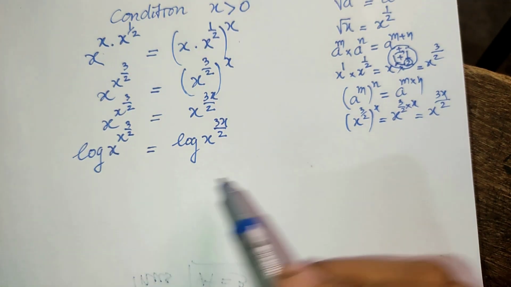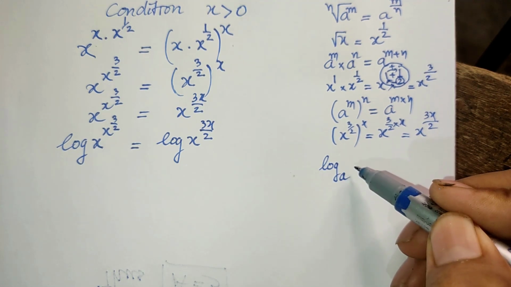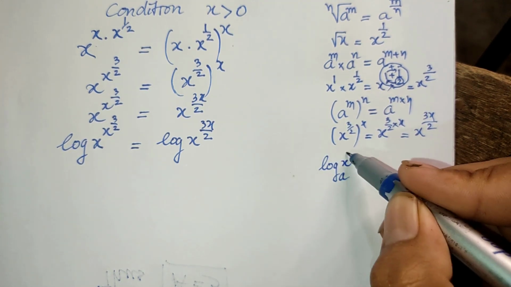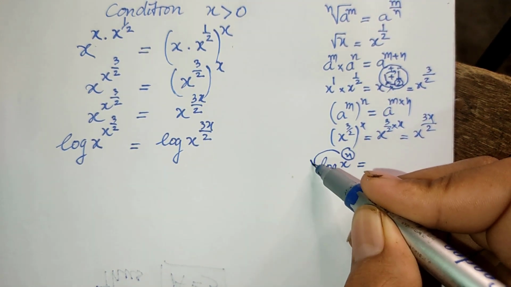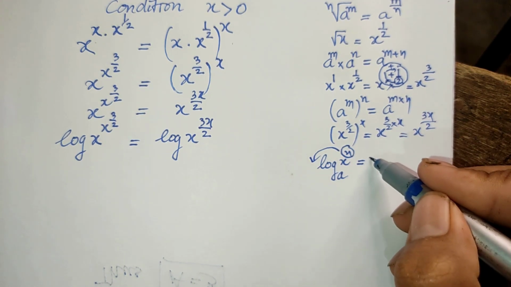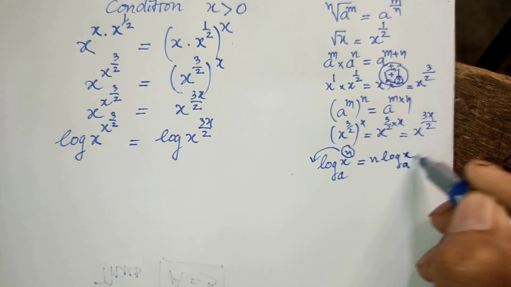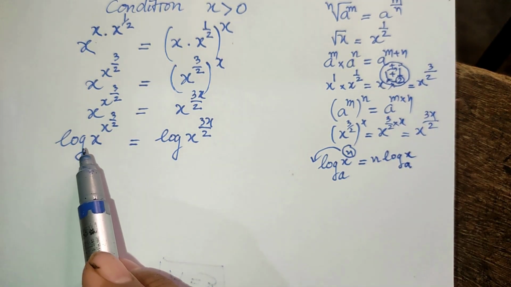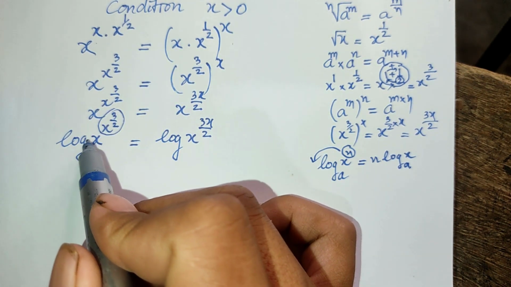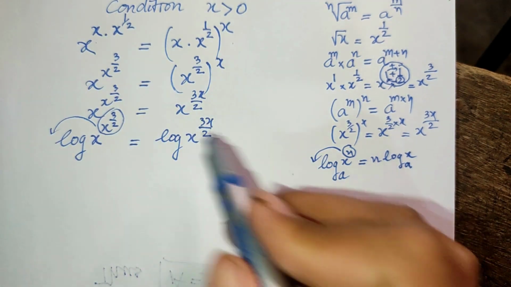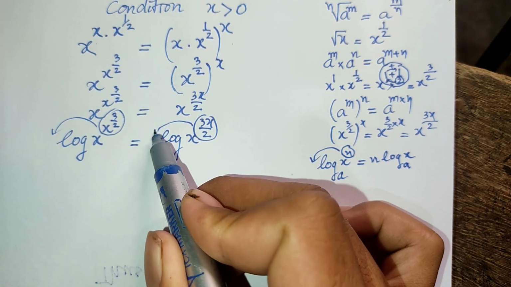And we use the rule that we have log base a of h power n is equal to n log base a of h, so we can take the power in front of the log. We can take the h power 3 divided by 2 in front of the log, and we can take 3h divided by 2 in front of the log.